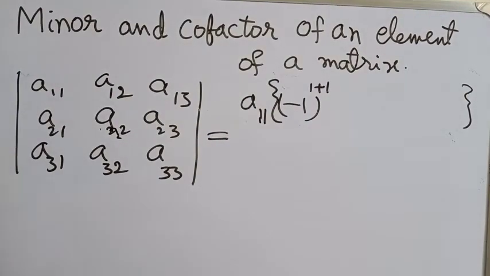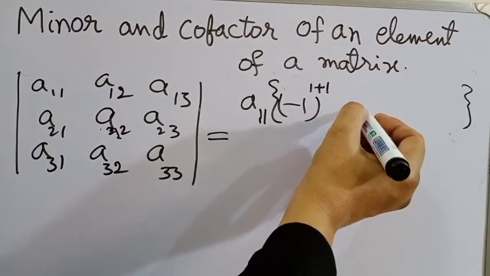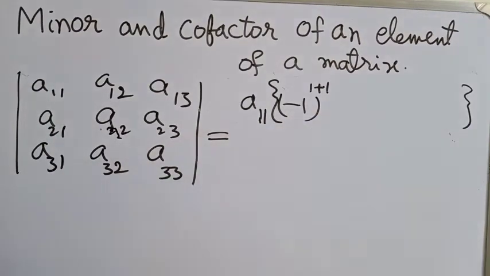As a11 lies in the first row and the first column, we raise -1 to 1 plus 1, and to find out what this is multiplied with, we exclude the row and the column of a11 and write the determinant of what remains.